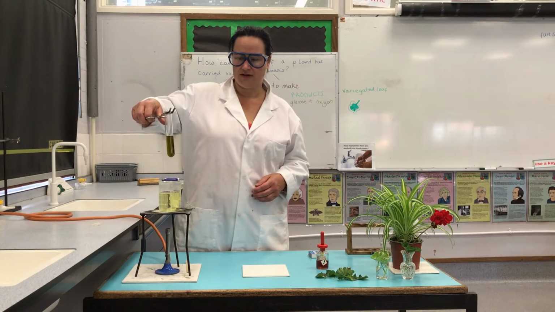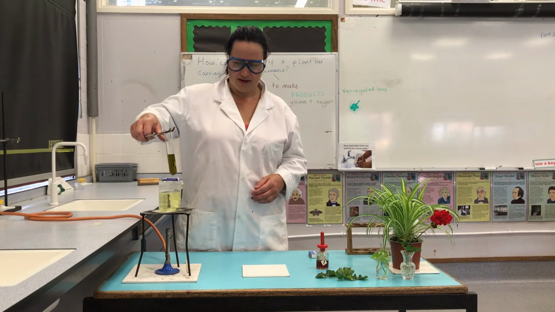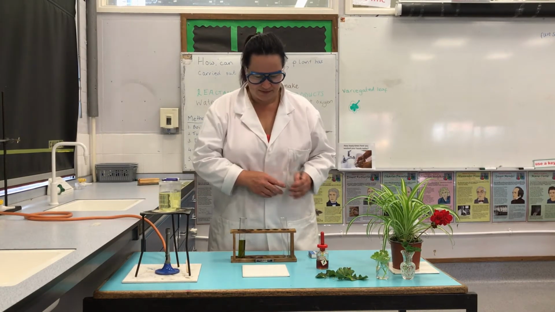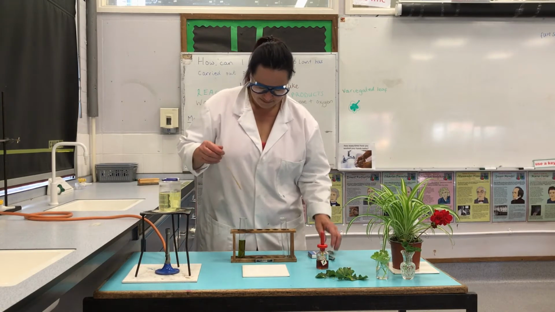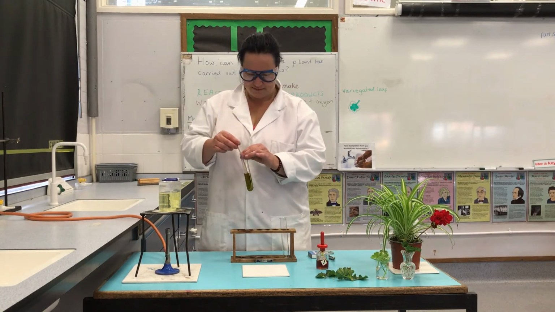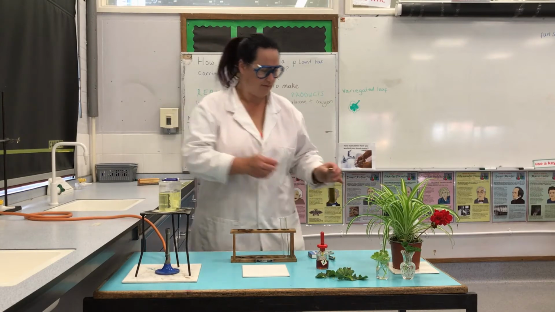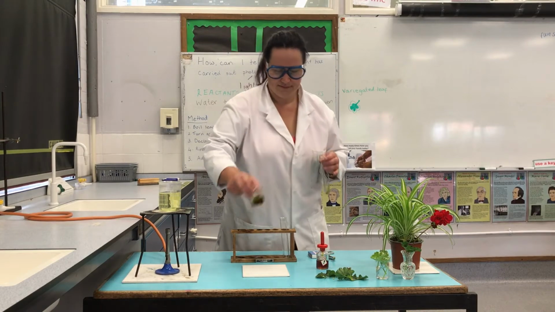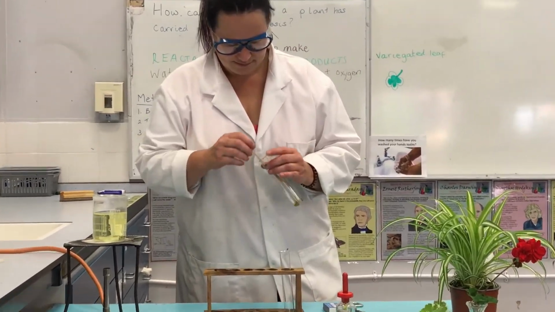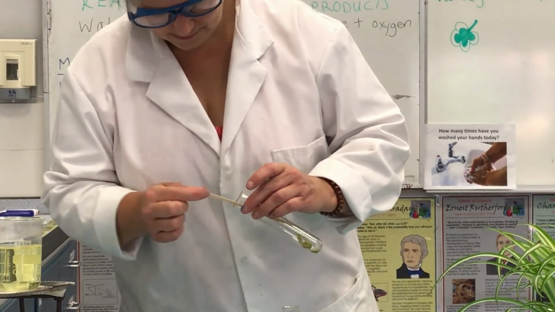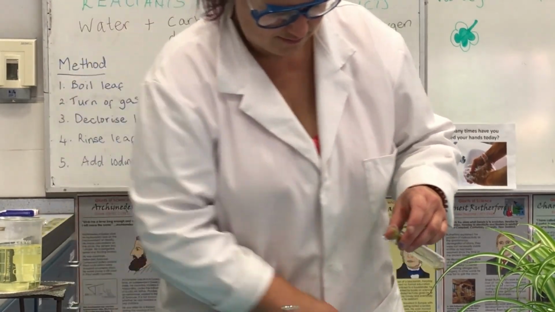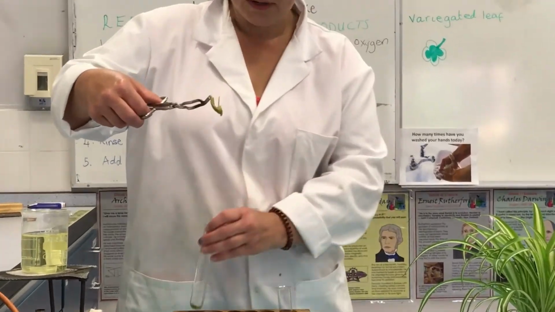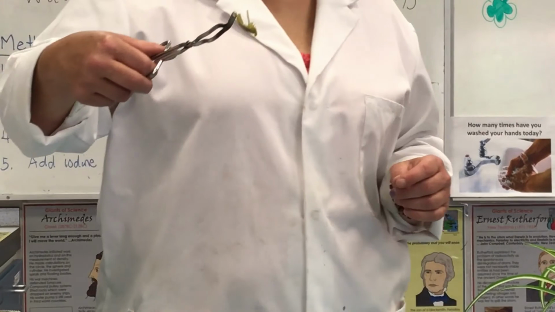Right, so our ethanol has got a nice dark green colour, and if we fish out the leaf, it should be nice and pale. I have a pale, almost white leaf that I can test with iodine.